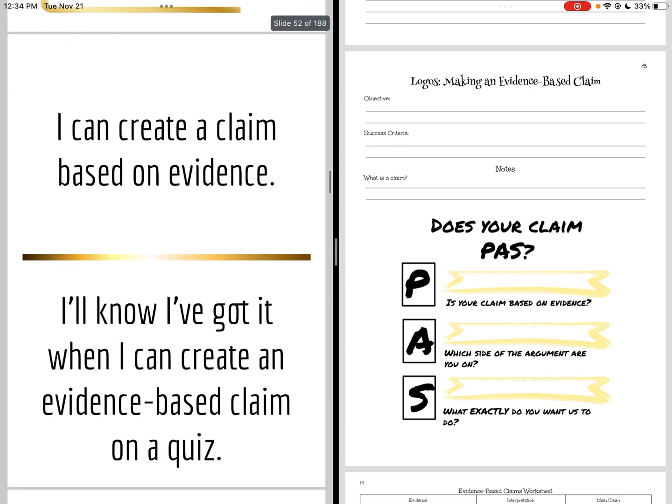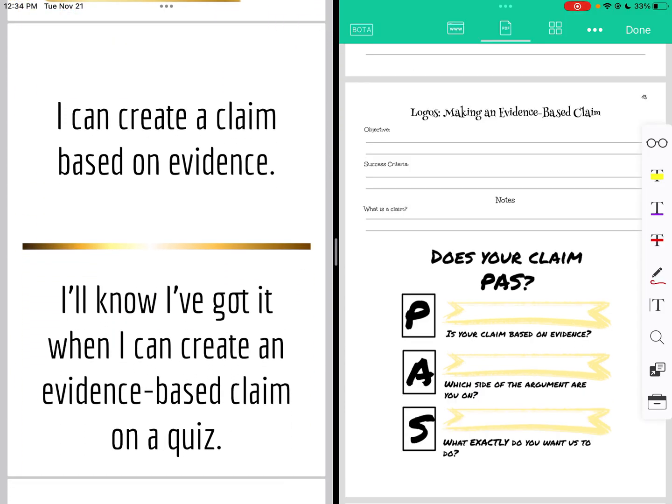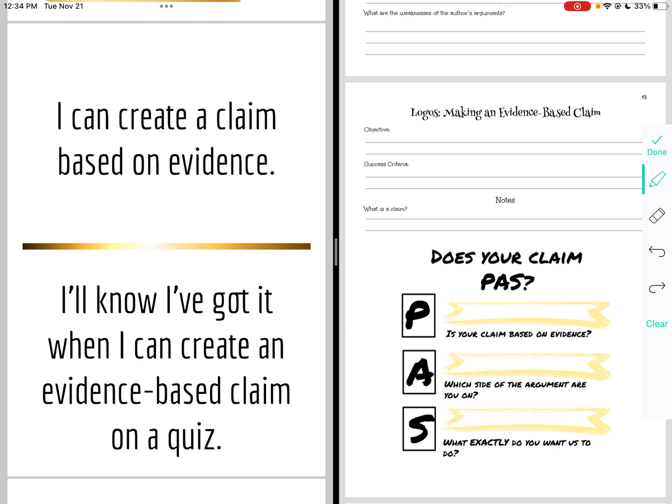So what we're going to do today is the first step toward actually writing that, and we're going to first write our objective. I can create a claim based on evidence. So hopefully you're writing this in your packet as well.